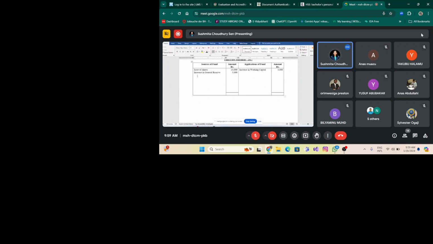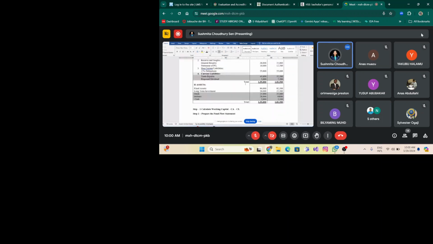The term we use here is fund from operation. It is profit, but we do not use the term PL. We use fund from operation. You need to remember it. 2,500. Now the third item is over.